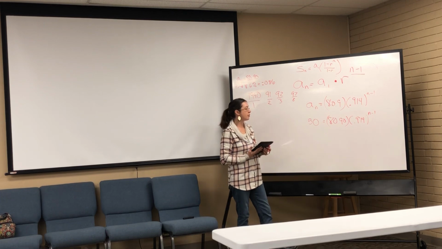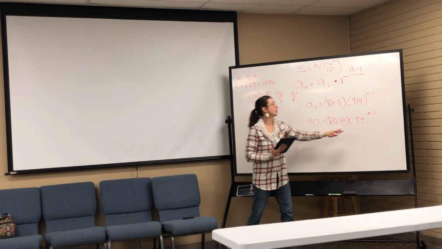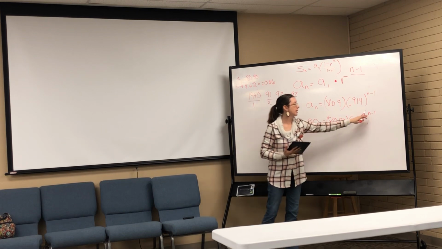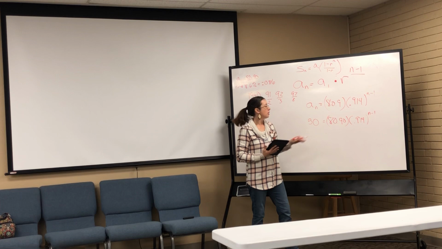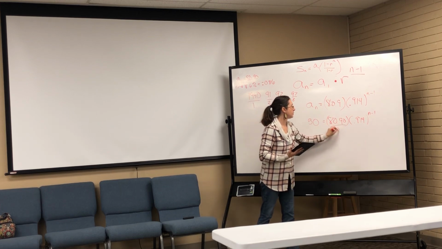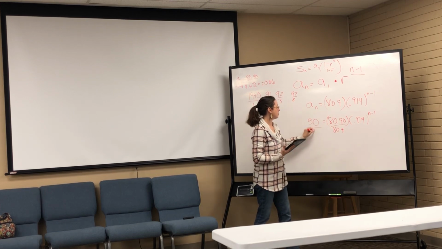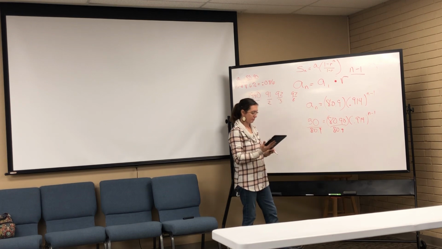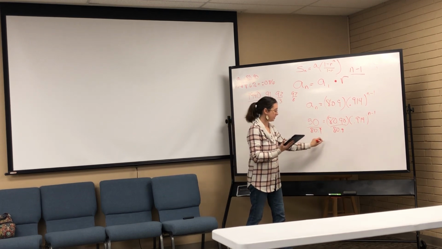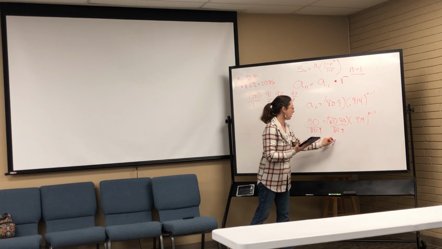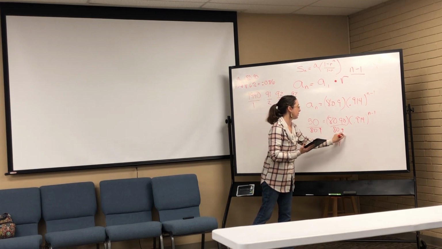What's the easiest part of this equation to get rid of? 80.9. We're going to divide both sides by 80.9. That gives us 0.618 is equal to 0.914 to the n minus 1.